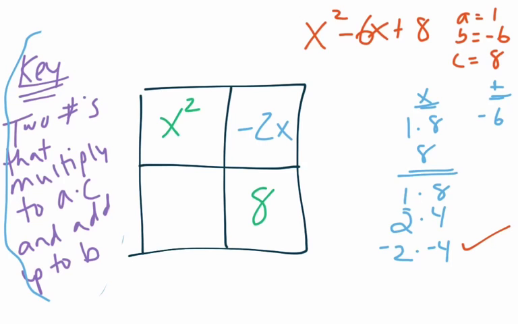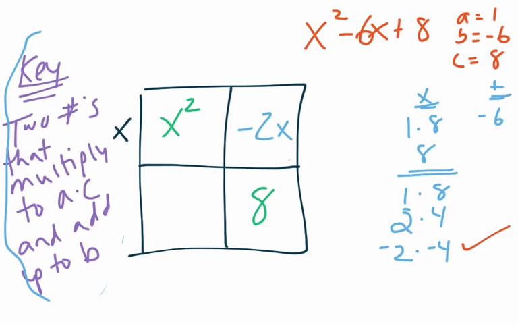So if you need to, you can do a little prime factorization here, but I wouldn't recommend it. And hopefully you can see that the greatest common factor here is an x. And so we're going to factor it out. Basically, we're undistributing. We're reversing the process that we were doing when we were doing the multiplication.